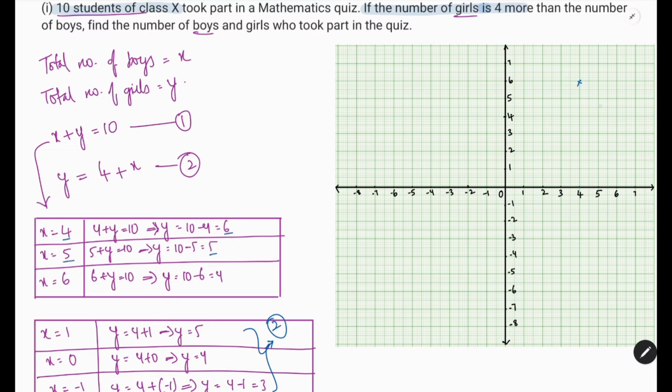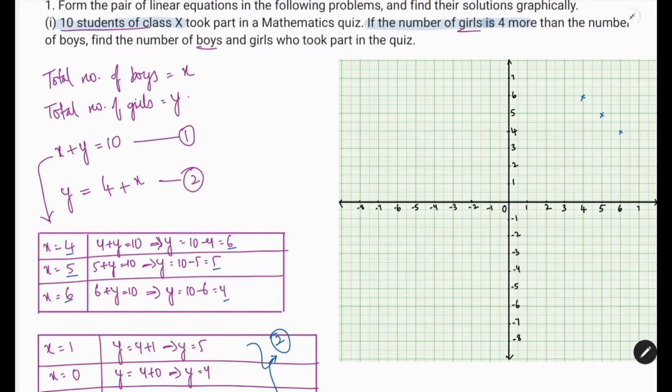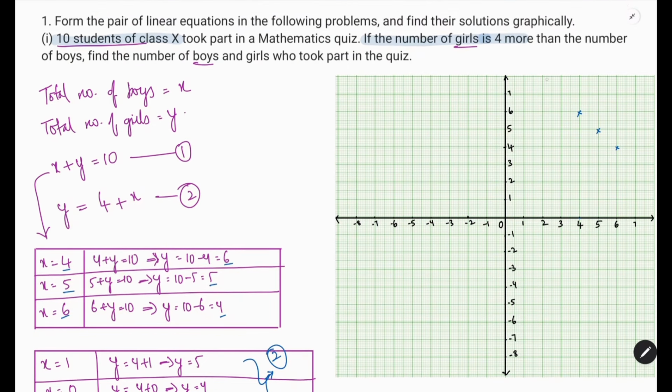If x is 6, y is 4. Okay. Now join these points. When you join these points, you will get a line like this.